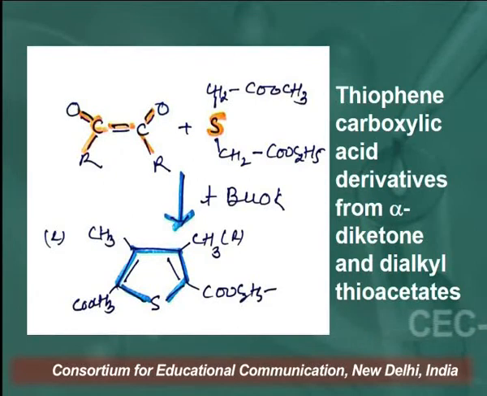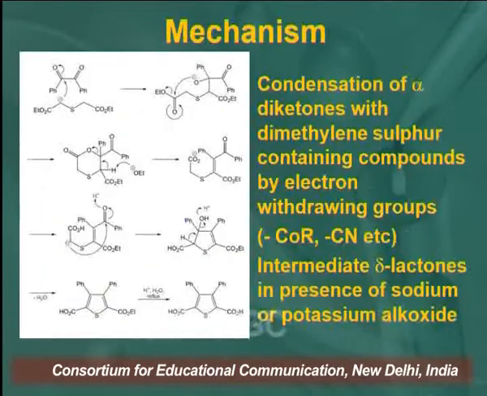When this thiophene carboxylic acid derivative, which has an ester group, reacts with diketone, it forms an alpha diketone, along with thioacetates. The alpha diketones convert into thiophene derivatives. It is a very important reaction.